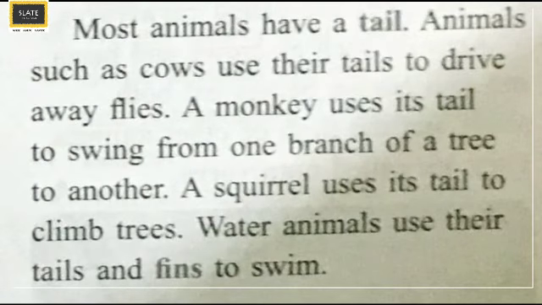Animals such as cows use their tails to drive away flies. A monkey uses its tail to swing from one branch of a tree to another. A squirrel uses its tail to climb trees. Water animals use their tails and fins to swim.